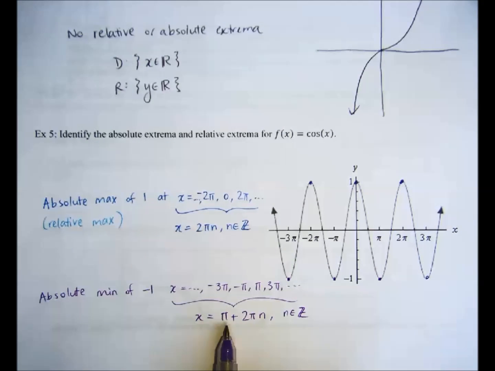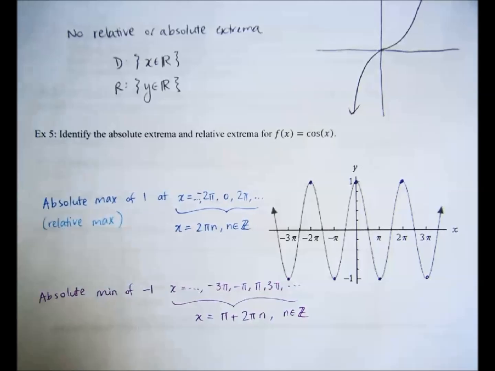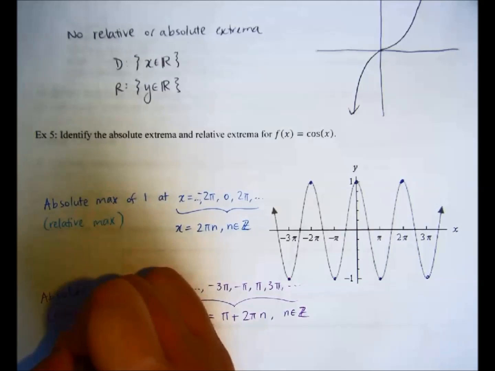So you start off with pi, and then you add multiples of 2 pi to get these x coordinates. And this is not only absolute minimums, but they would also be considered relative minimums.